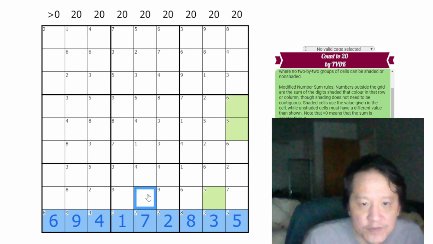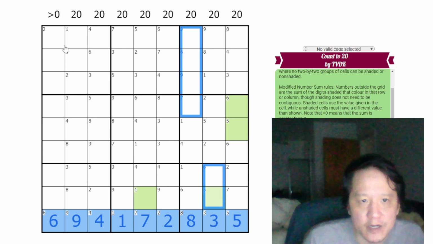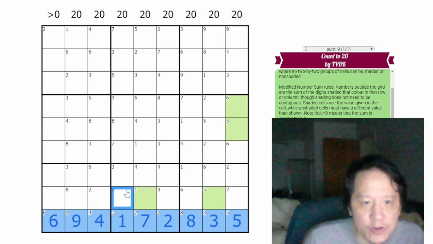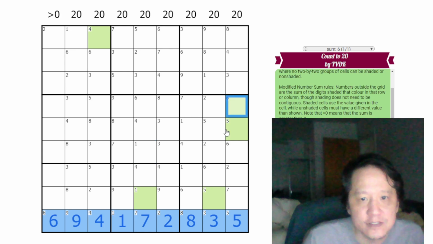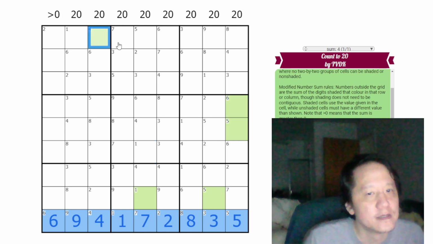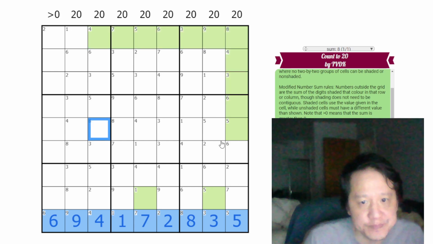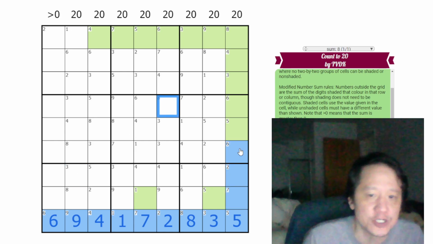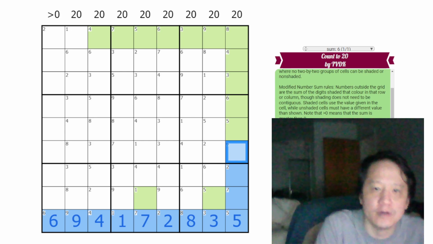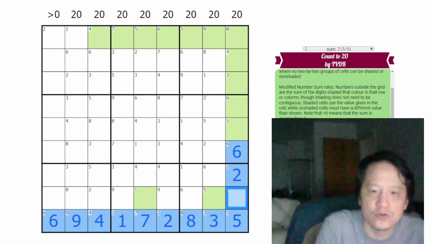If this is shaded, that would have to be a 1 too, but that's not possible, so this cannot be shaded. Similarly row-wise, if there's a 9 in this row, it cannot be shaded. If there's a 4 in this row, it cannot be shaded. Aha, so we know this is unshaded, and this is unshaded, and this is unshaded, which means the rest of this has to be unshaded. Which forces this to be shaded. So then we know this is 6, this is 2, this is 7.